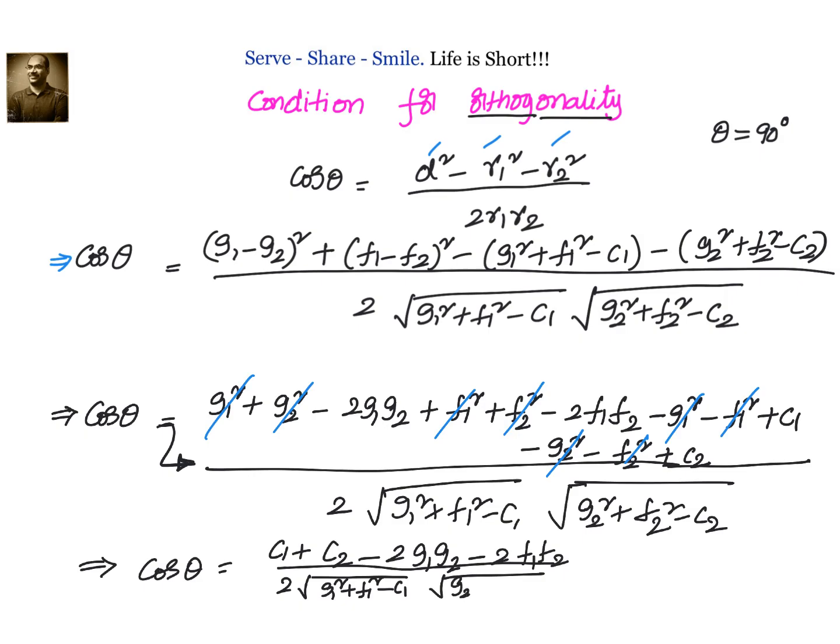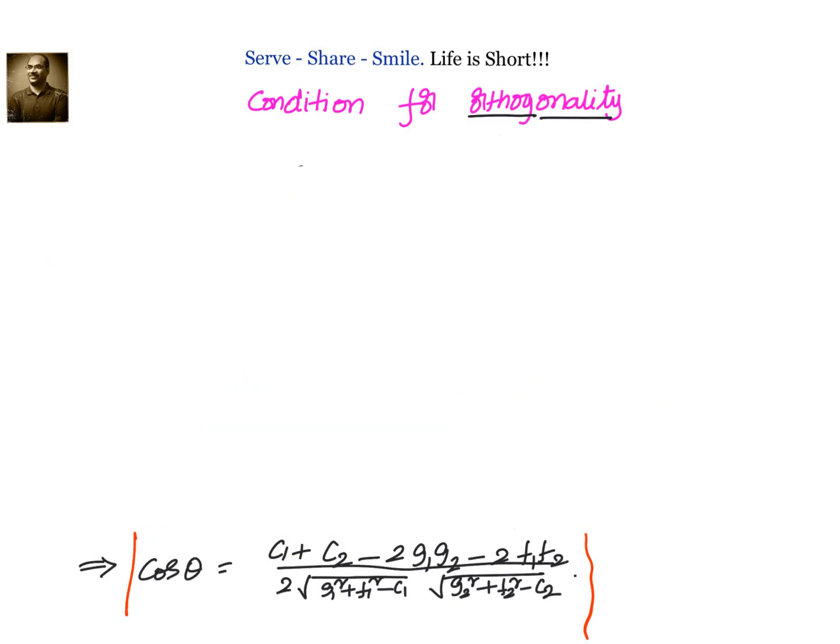Multiply that with g2 square plus f2 square minus c2. Now this is the formula we are going to use to get the condition for orthogonality. So let's go to the next step.